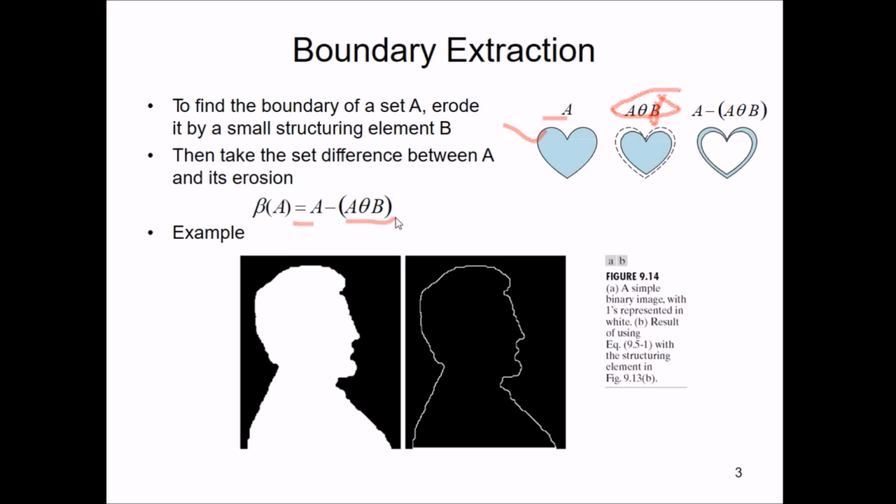So A minus the eroded result will give us the boundary. This is the boundary. This is an example: a simple binary image represented in white, and this is the result of using this expression with the structuring element. So this is how boundary extraction is done.